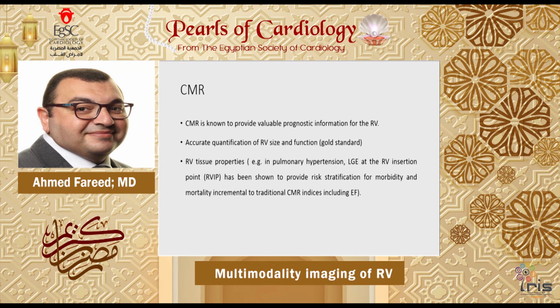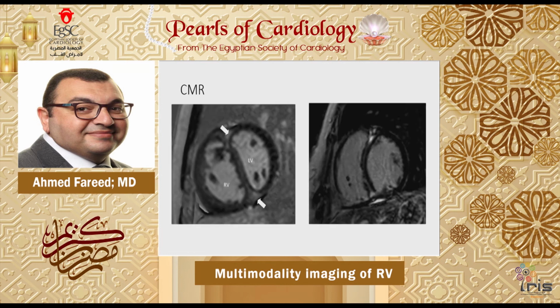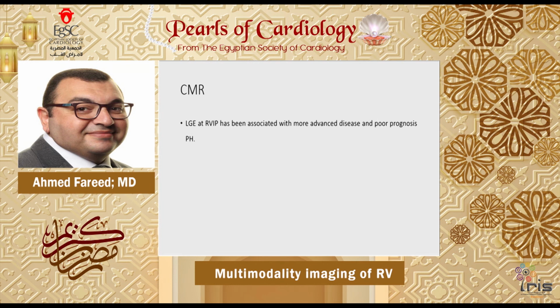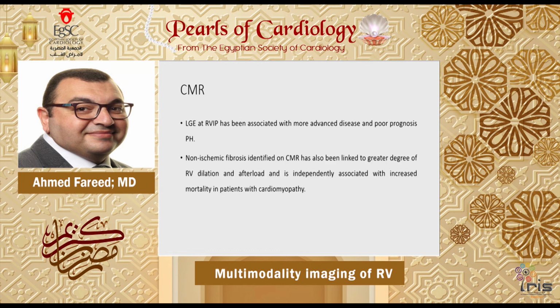In case of pulmonary hypertension, the late gadolinium enhancement at the RV insertion point has been shown to provide risk stratification for morbidity and mortality, plus the impairment of the ejection fraction of the right ventricle, as we see in these images. Also, late gadolinium enhancement at the right ventricle has been associated with more advanced disease and poor prognosis of pulmonary hypertension.